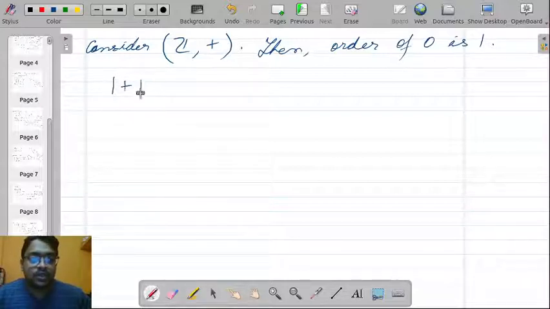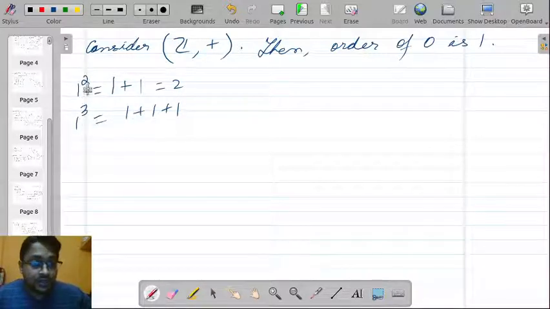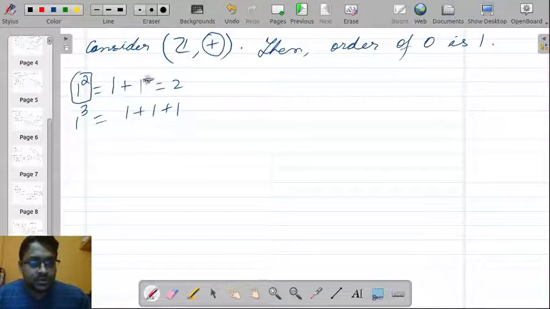See, 1 plus 1 is 2, right? 1 plus 1 plus 1 means 1 squared, if I write it this way, 1 cubed. Here this 1 squared is not 1 into 1, because here our operation is plus. So when we write 1 squared for the group Z under plus, this actually means 1 plus 1.